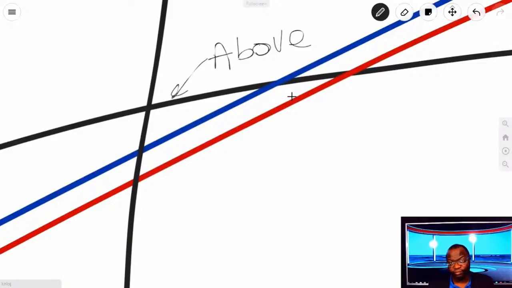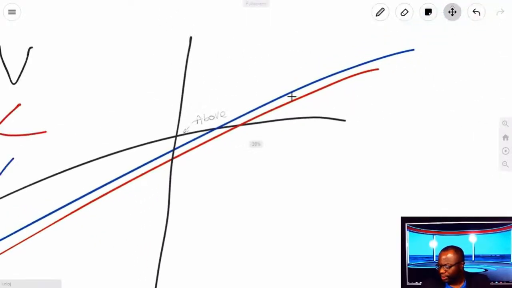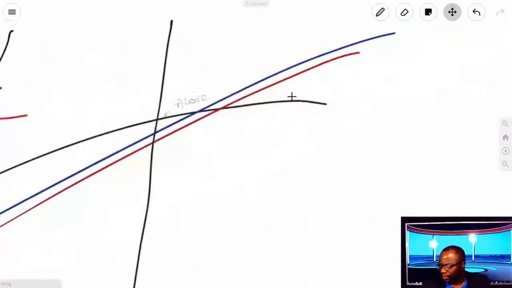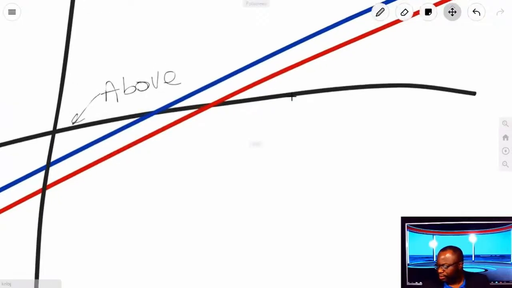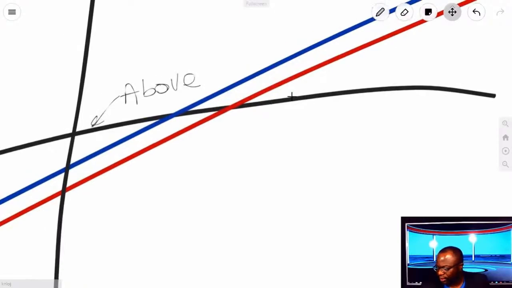It's above the blue line, which is PV. We're talking about this point right here. So that is EV. EV is above everything else. PV is next. And last is AC.